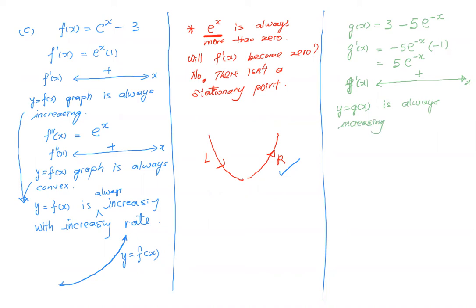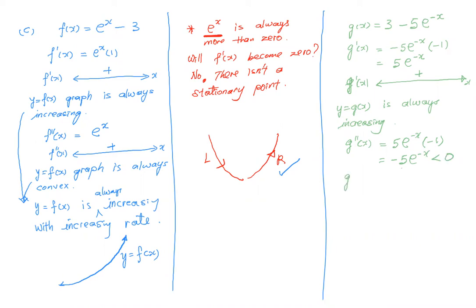So now we go to our g double prime x. Copy down the whole thing for g prime x, then you times by the derivative of the power, so you get negative 5 e to the power negative x. This is always positive times negative, so always less than 0.